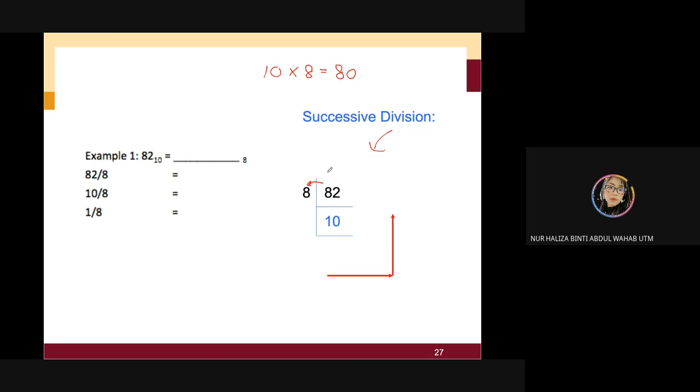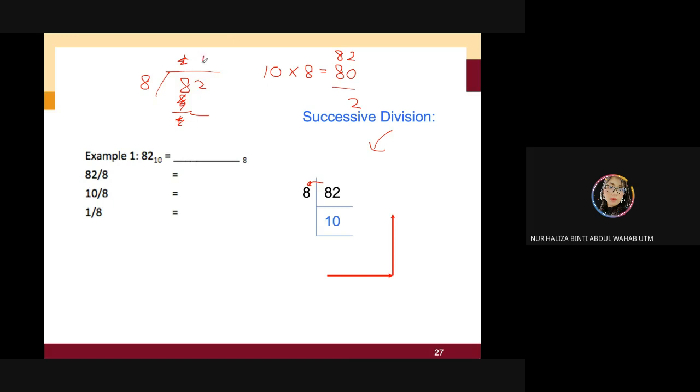So you have the value of 80, and you get a remainder of 2. Sorry, I need to go back to secondary school, or primary school.